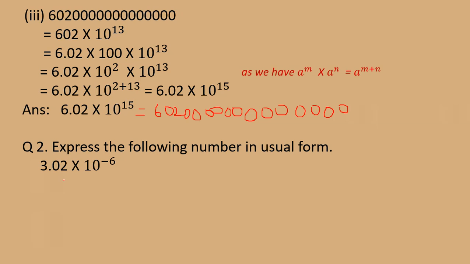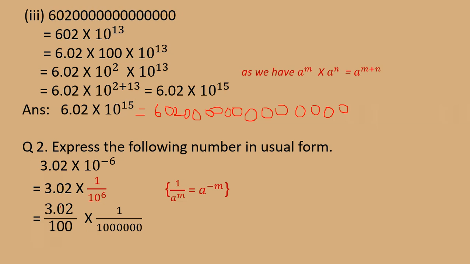Let us start. Here the exponent given is 10 raised to the power minus 6. We know that a raised to the power minus m equals 1 upon a raised to the power m. So 10 raised to the power minus 6 we can write as 1 upon 10 raised to the power 6. So the number is 3.02 into 1 upon 10 raised to the power 6.